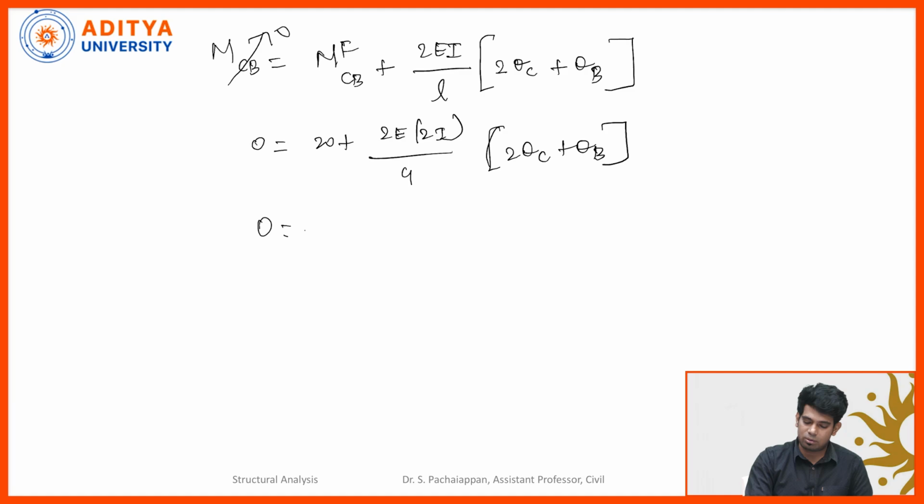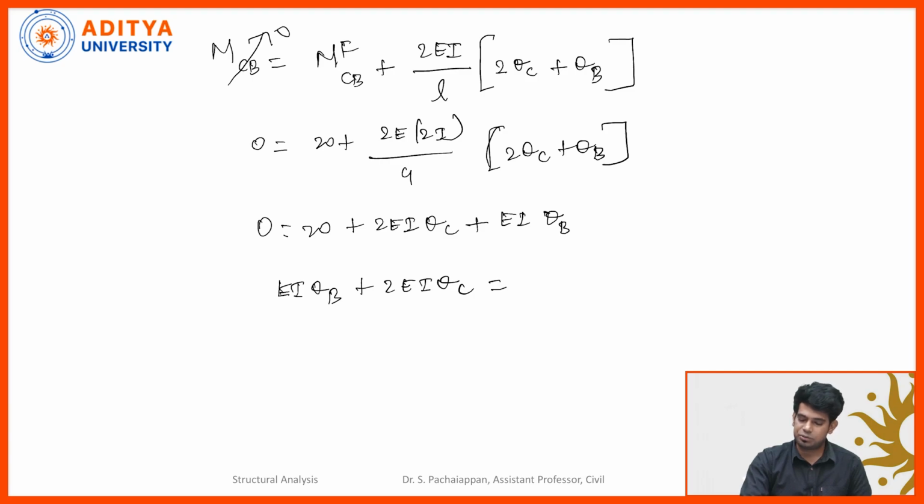So 0 is equal to 20 plus 2 times of EI theta C plus EI theta B. I am going to write it in proper form, which is EI into theta B plus 2 times of EI theta C equal to minus 20, as the 20 goes to the right side of the equation.